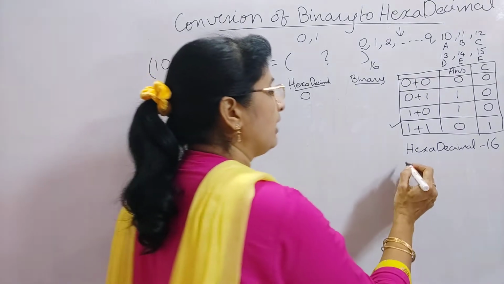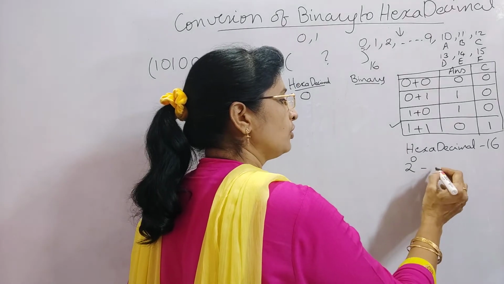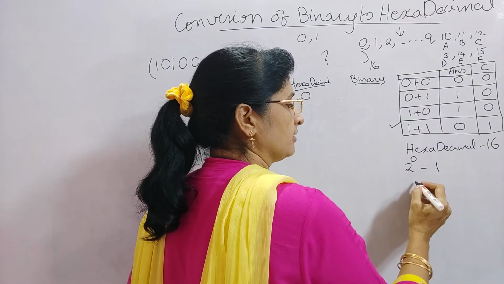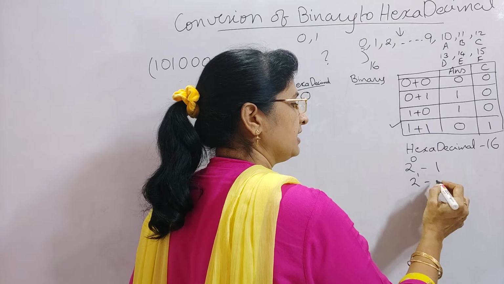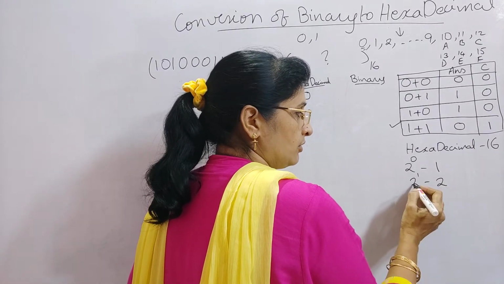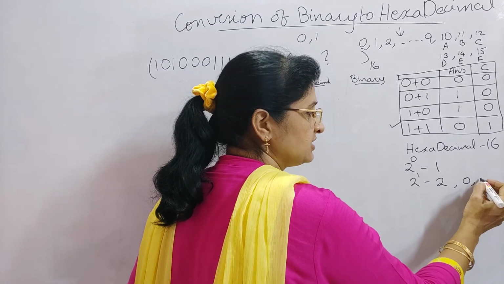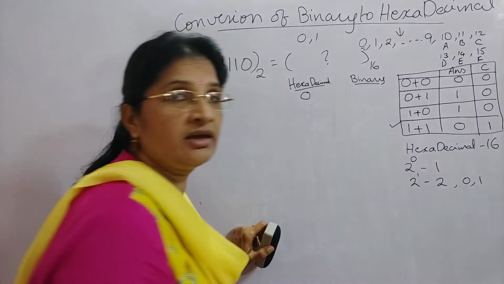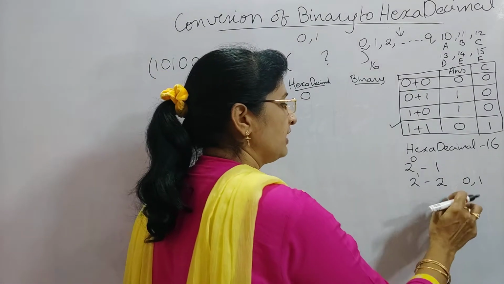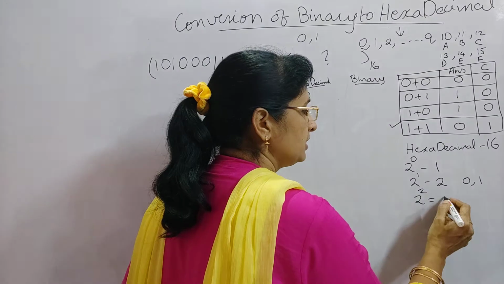For that, you take the powers of 2. What is the value of 2 power 0? It is 1. Next is 2 power 1, which is 2. That is for 2 values, 1-digit numbers. And if you take 2 power 2, that is 4.